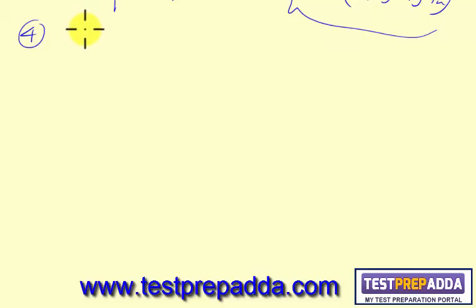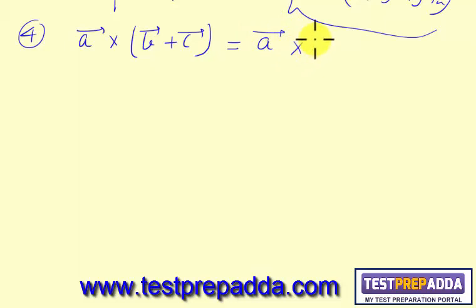Let us check. If I write A cross (B plus C), if it follows the distributive law, then I can write it as A cross B plus A cross C.